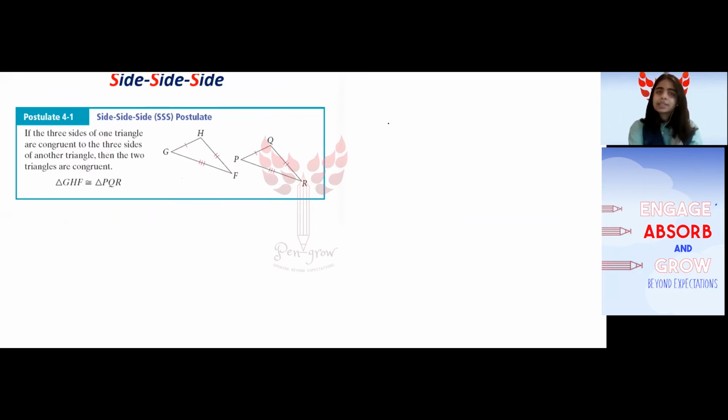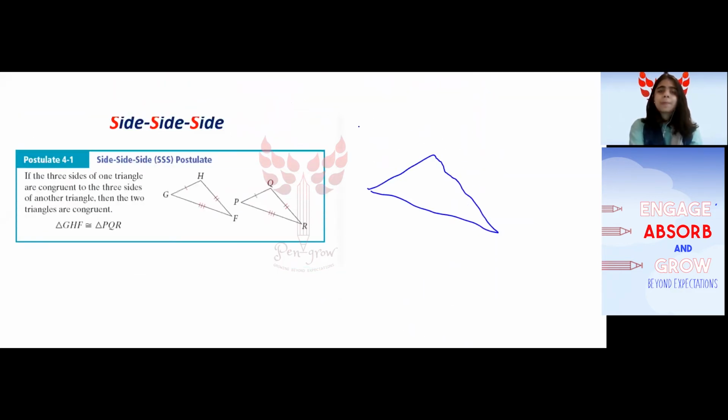If I have two triangles, let's take the same triangle GHF, and let's take another triangle, the same one, PQR, but let's change it a little bit.